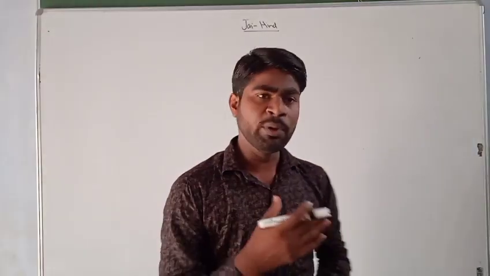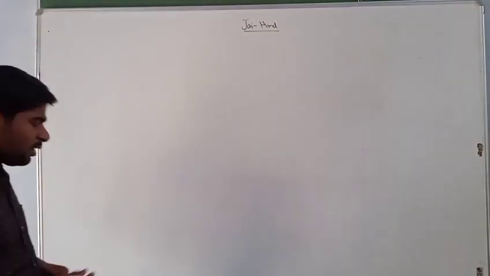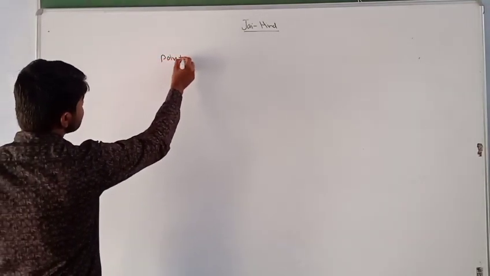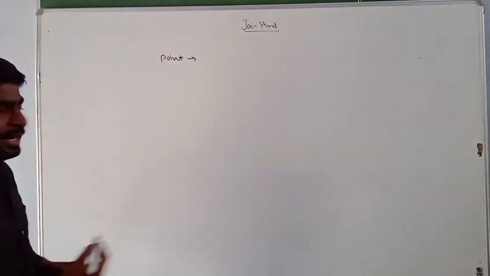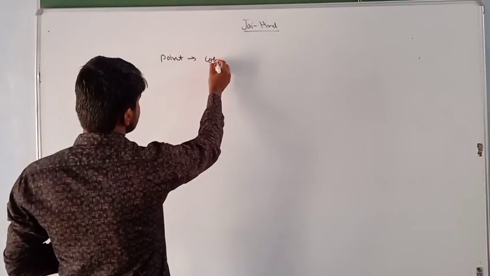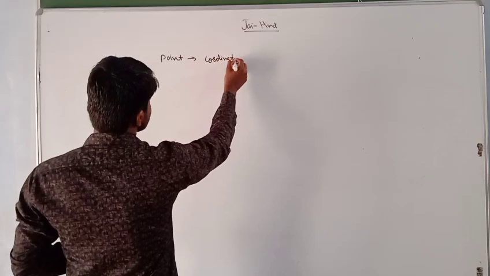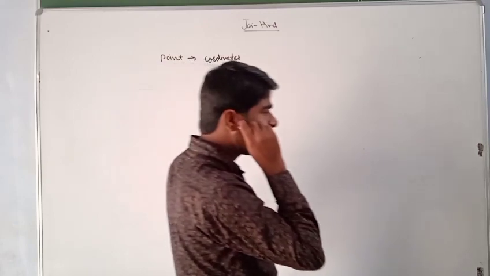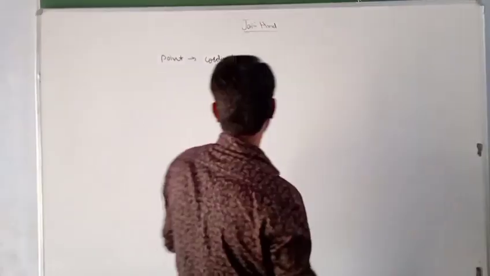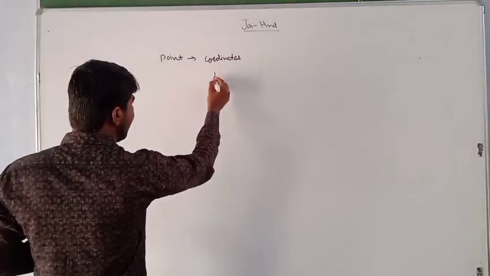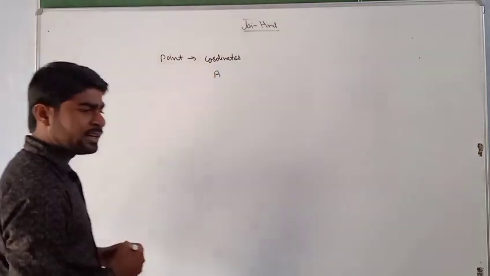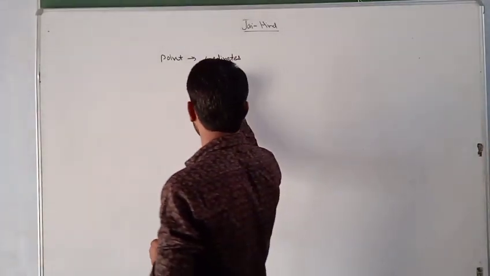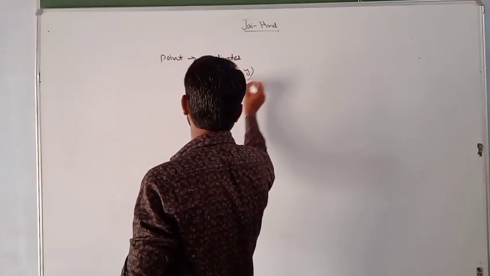About the point, all of us know that a point has coordinates, which means every point is represented by a capital letter of the alphabet with 2 values. These 2 values are x and y.